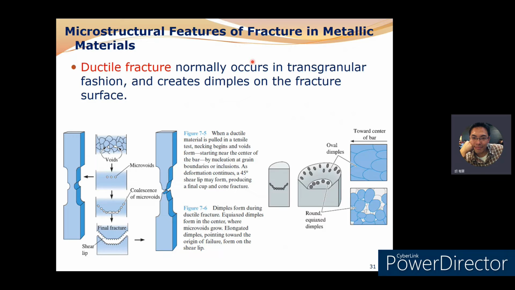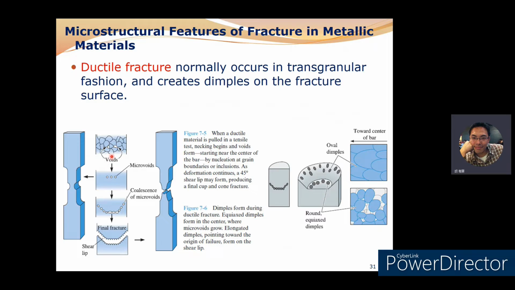So when a ductile material withstands a tensile stress higher than the UTS, ultimate tensile stress, what mechanical phenomenon will occur? Necking, right? The necking occurs as the applied stress reaches the ultimate tensile stress.